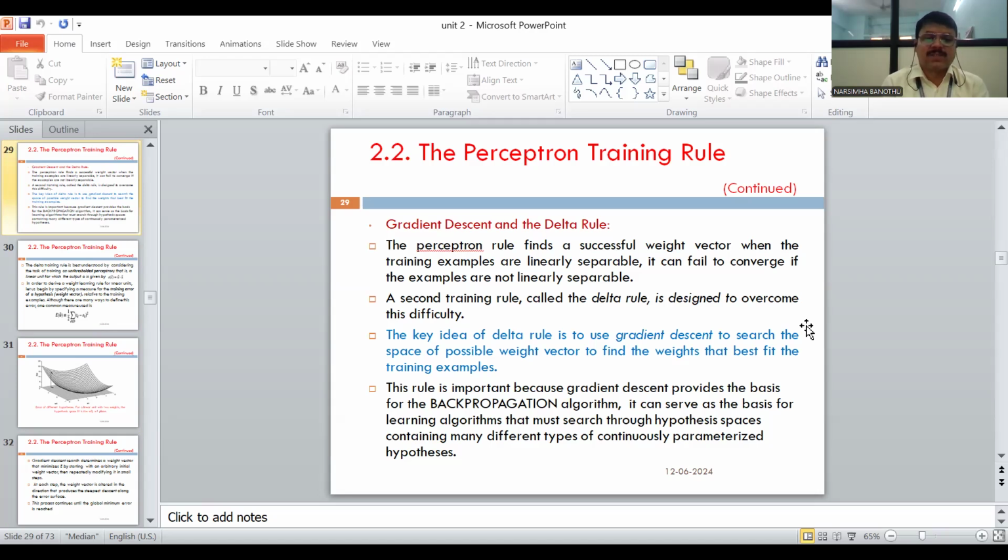The rule is important because gradient descent provides the basis for the backpropagation algorithm. It can serve as the basis for learning algorithms that must search through hypothesis spaces containing many different types of continuously parameterized hypotheses.